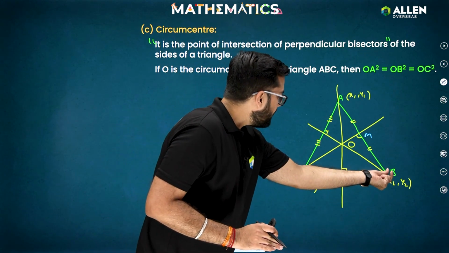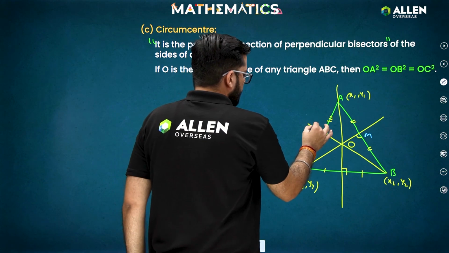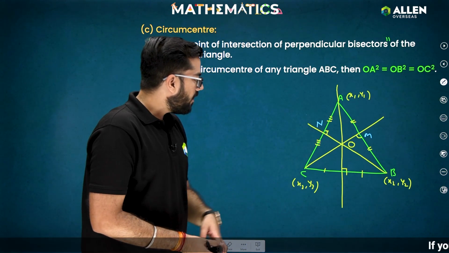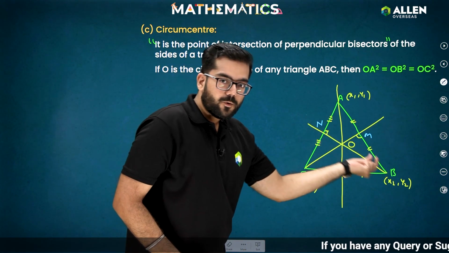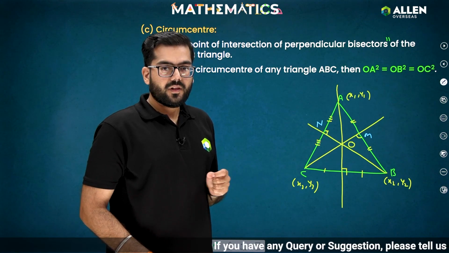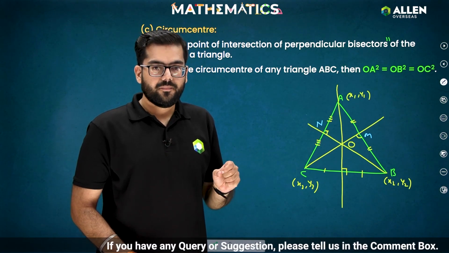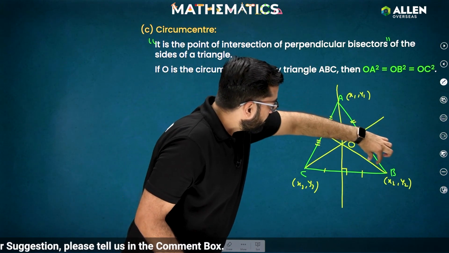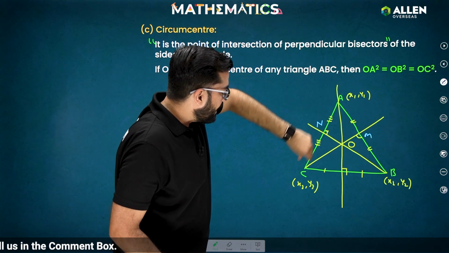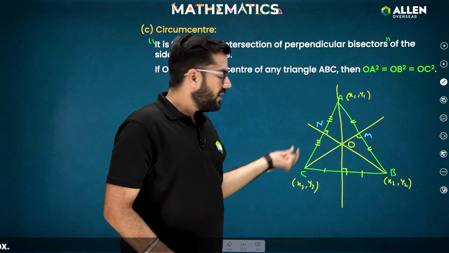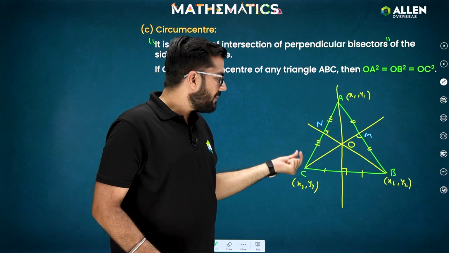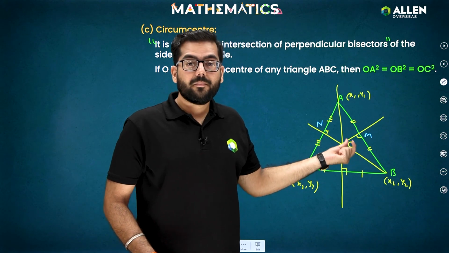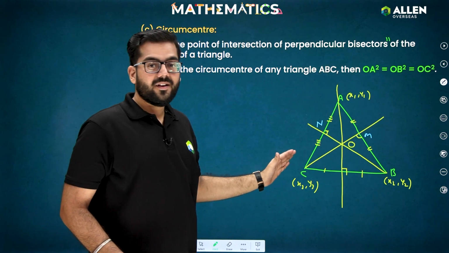Similarly, from B, let's say this one is N. From BN I want to design the equation of the line. Again, this is quite easy. How? This is perpendicular to AC. You have the slope of AC, which means indirectly you have the slope of BN: -1 upon slope of AC.